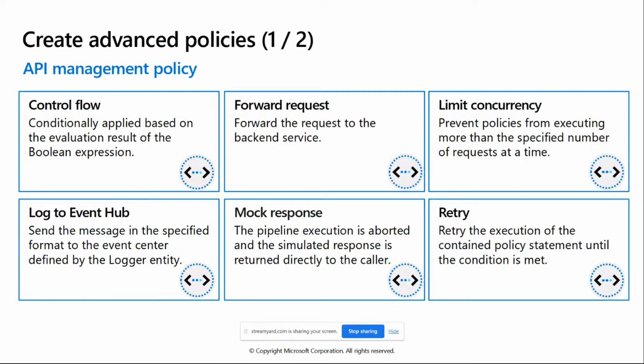And we can have the mock response, and if something goes wrong, then we might have retry as well. Control flow is based on the evaluation result of the boolean expression, where we would be applying conditions on it. And if the condition is satisfied, then the control flow will proceed.